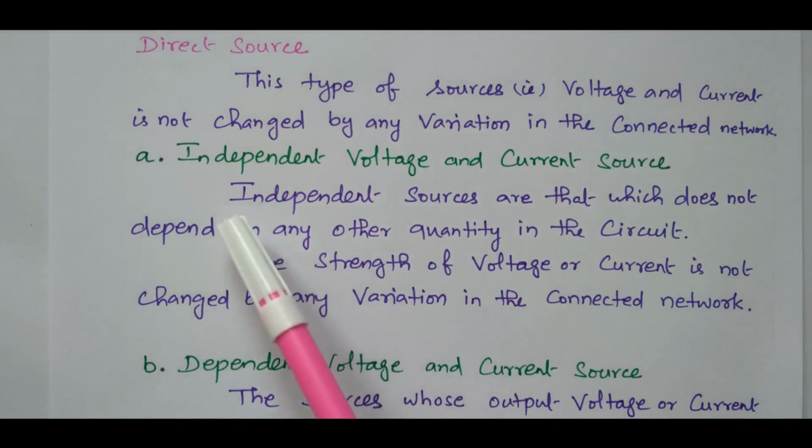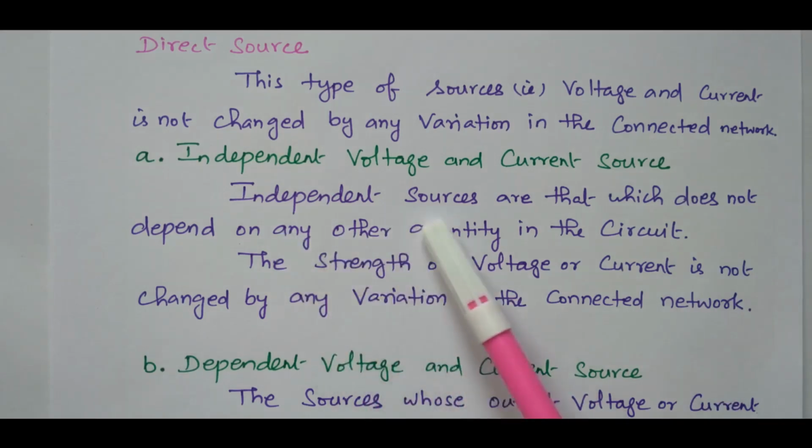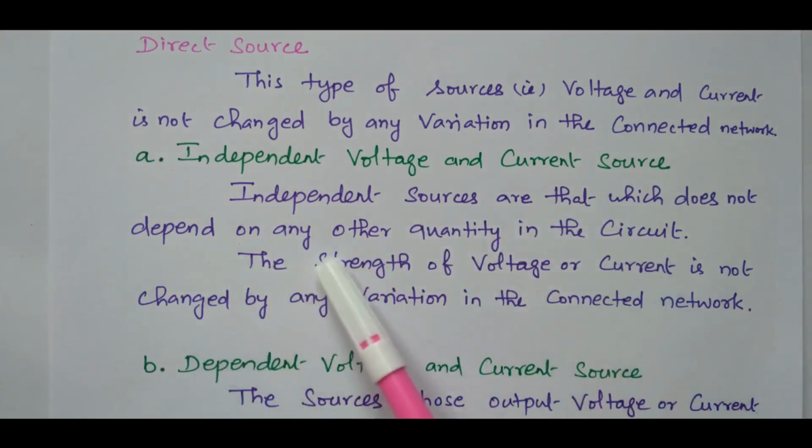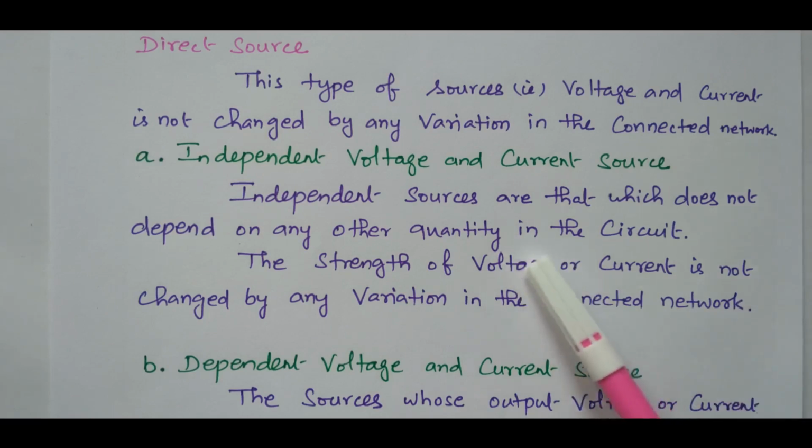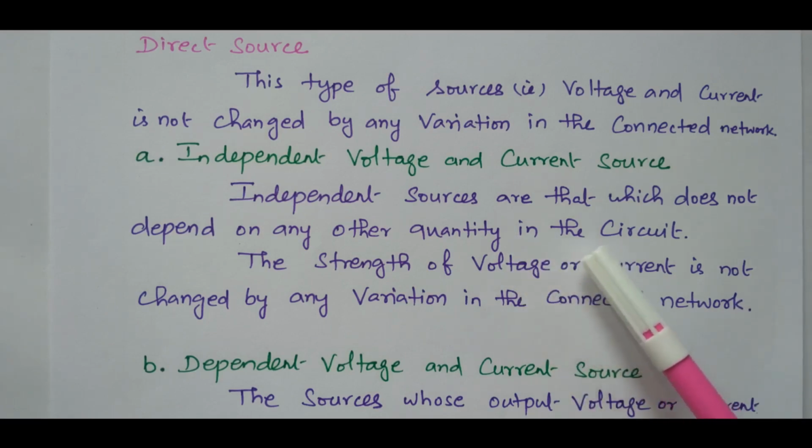In that, again, two types: independent voltage and current source. What is an independent voltage and current source? Independent sources are those which do not depend on any other quantity in the circuit, right? The voltage source or current source always gives either voltage or current. It will not change by changing any other property of the circuit. Whether the load voltage or some other voltage changes, the supply voltage or supply current will not change.